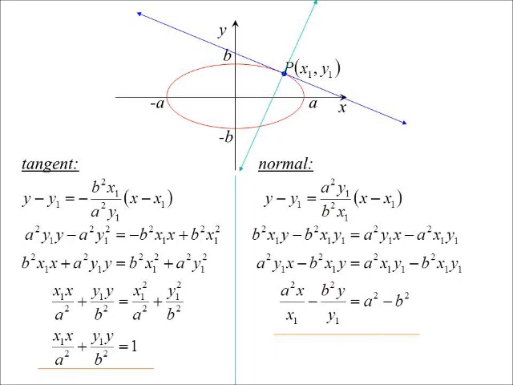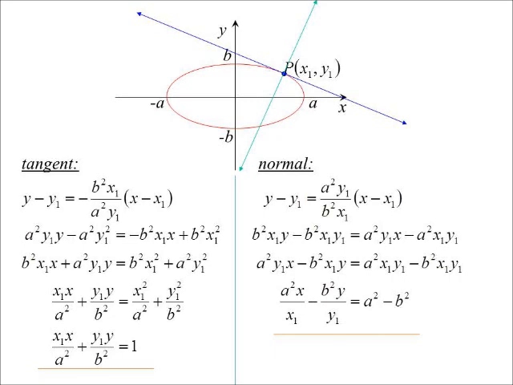Well, if you have a look at the coefficients of x and the coefficients of y, with the tangent and the normal, and compare them, they're the reciprocal of each other, but the sign in the middle has changed. Well, that makes sense, because remember the slopes are the negative inverse of each other, and it's the coefficients of y and x that form the slope. So if you know the equation of the tangent, those coefficients are easy on the normal.